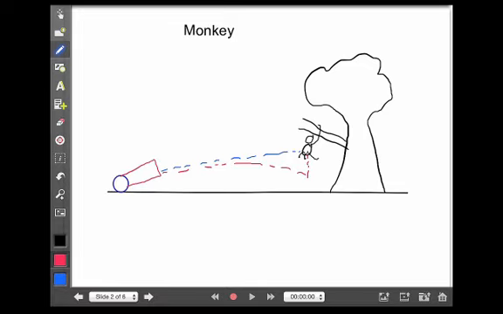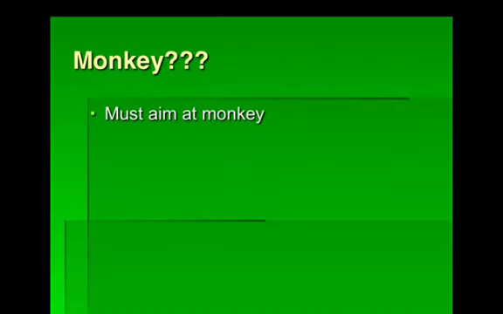So at the same time, they will have come down the same distance. So the answer is, we still must aim at the monkey. And that's because both objects undergo the exact same acceleration, that of gravity.